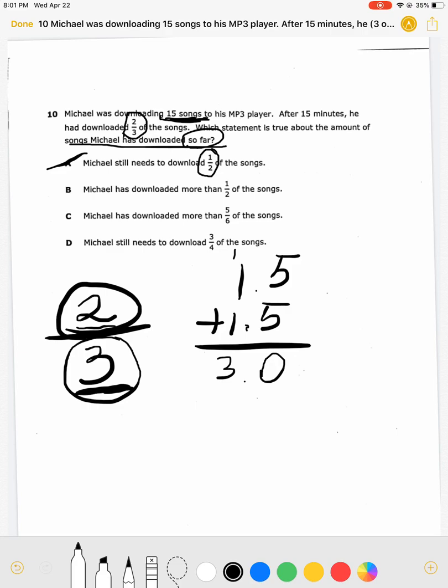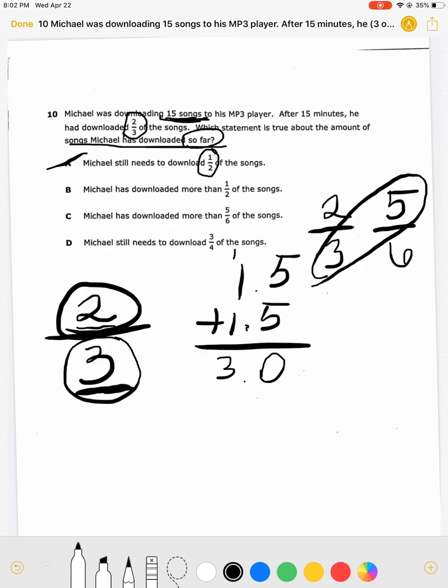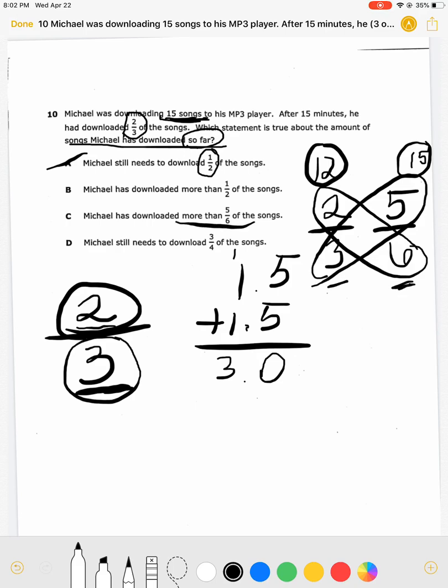We can double check and compare 2/3 to 5/6. And we're looking for their values. I'm going to cross multiply to compare. 3 times 5 is 15. 6 times 2 is 12. So 15 is greater than 12, so that means 5/6 is greater than 2/3. So it's not more than that whenever this is greater than our fraction of the songs.